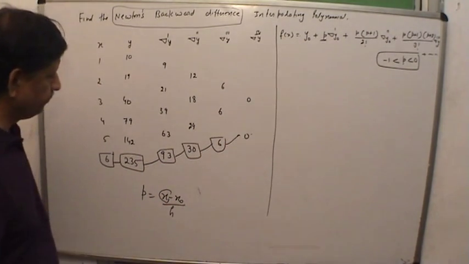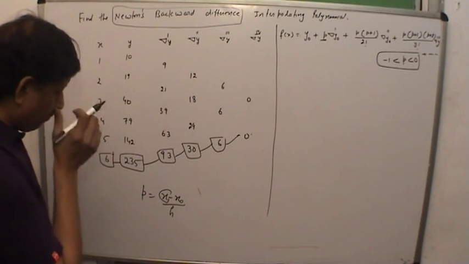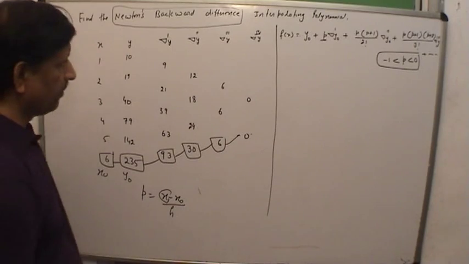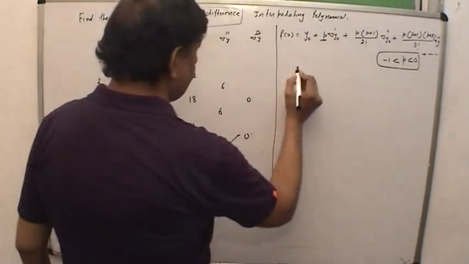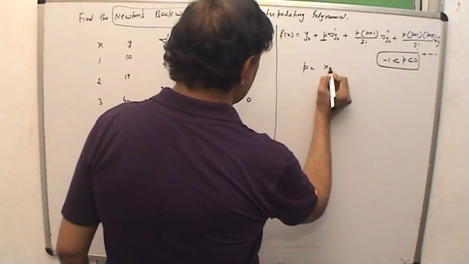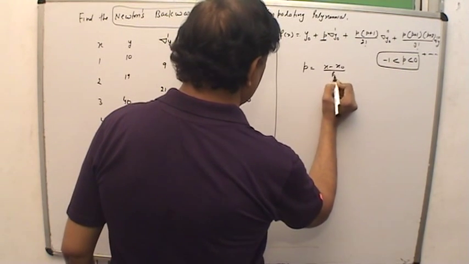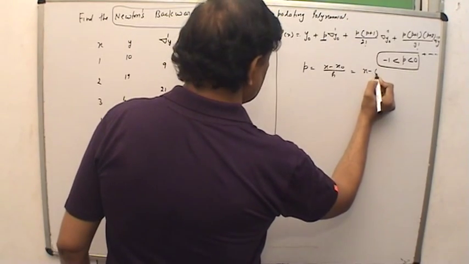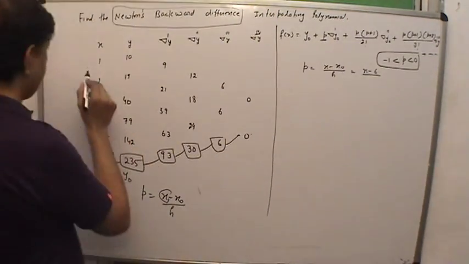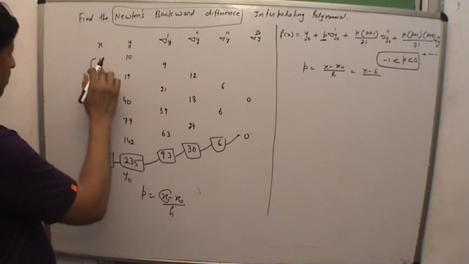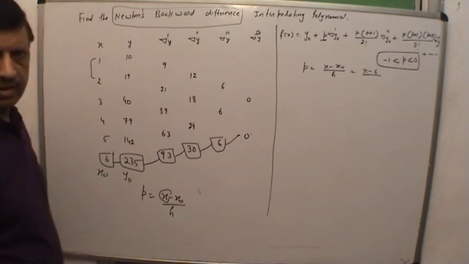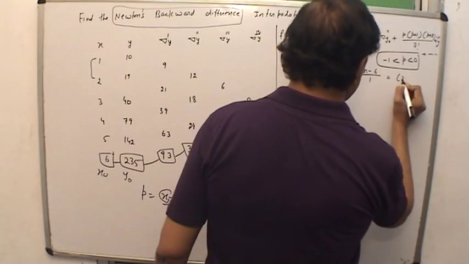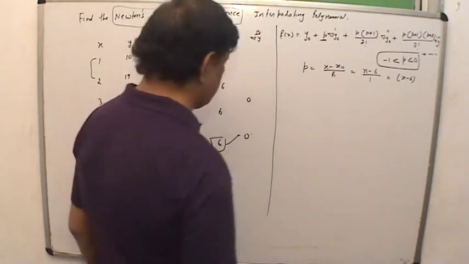Here it is x0 and it is y0. We calculate P. P is equal to x minus x0 divided by h, that is x minus 6 divided by h. h is the height of the interval. The difference is only 1, so the height of the interval is 1, and P is equal to x minus 6.